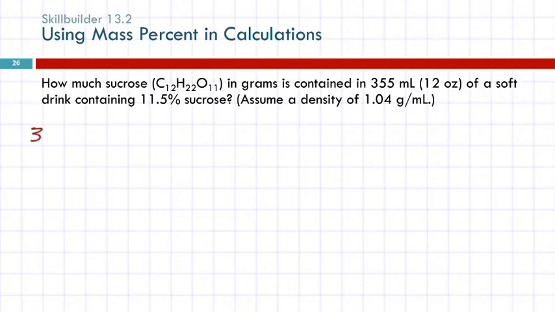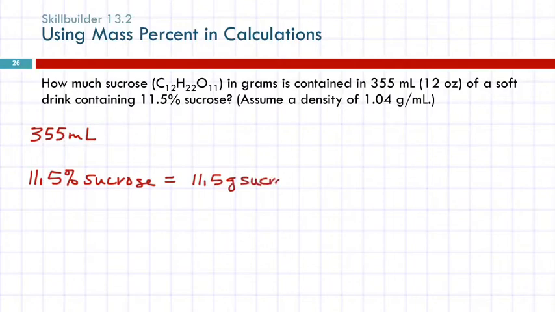So we've got 355 milliliters, and we've got 11.5% sucrose, and then we've got this density. 11.5% sucrose, that's 11.5 grams of sucrose per 100 grams of the solution. You can write any percent that way.